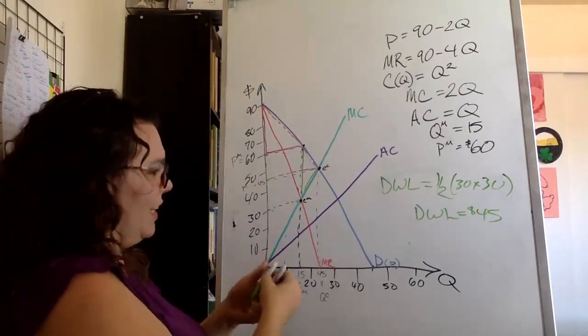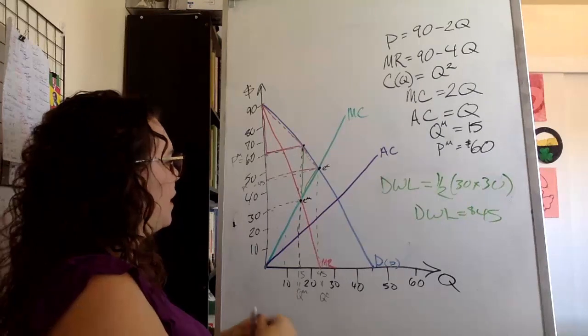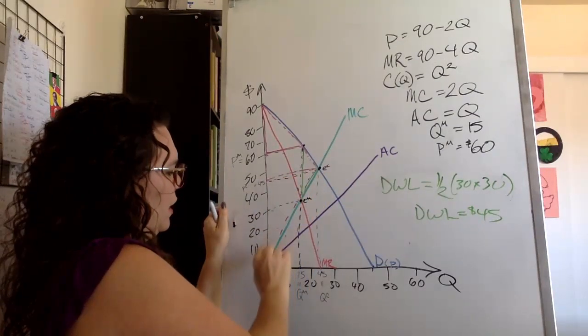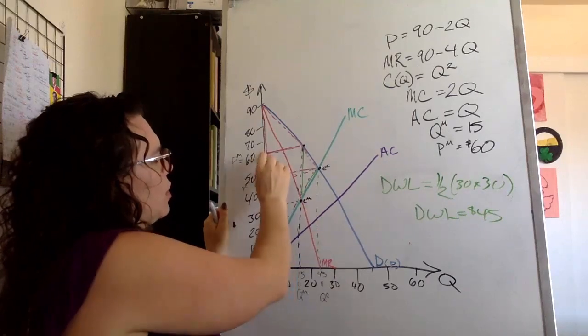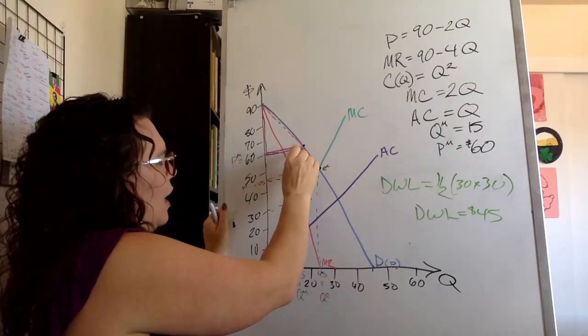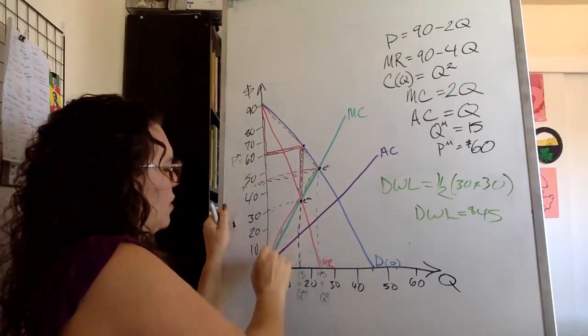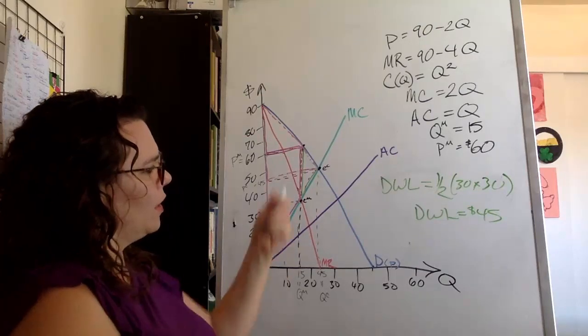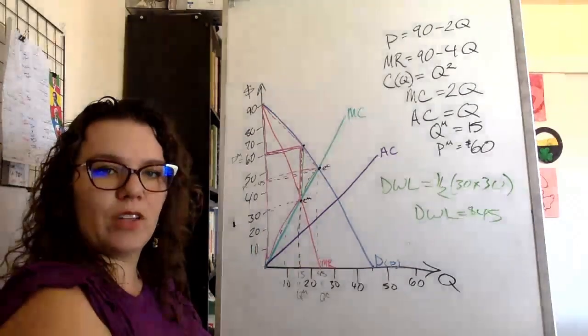Producer surplus increases from being this equal sized triangle here to this much larger trapezoid, because now they're charging a higher price and a lower quantity, so they're generating a lot more revenue. And then the dead weight loss to society is that 450.